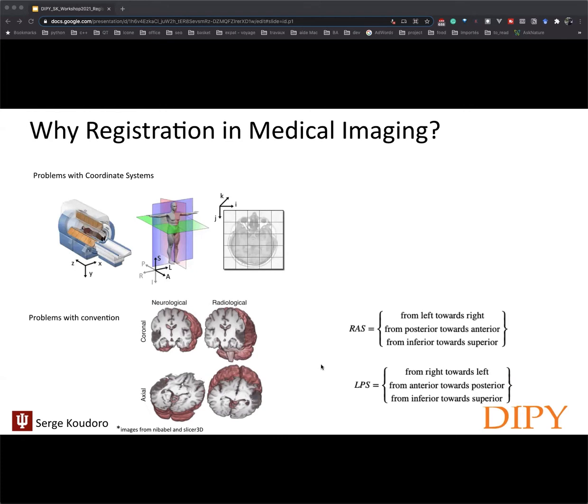In common language, we will say that the radiologist works in the LAS coordinate system, compared to the neurologist who works in a RAS coordinate system. The RAS is commonly used for left towards the right, posterior towards the anterior, and inferior towards the superior.